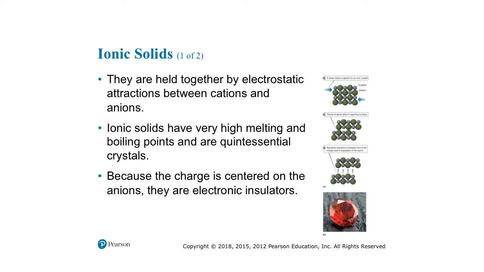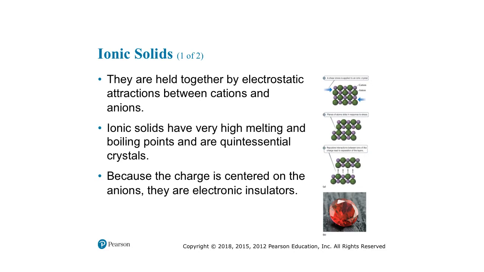So moving into ionic solids, they're held together by electrostatic attractions of the cations and anions. Of course, they have high melting points and boiling points, and these are certainly crystals, like salt looks like a crystal. They behave as insulators in the sense that a salt is not conducting charge. It's really hard to rip an electron off an atom and have all the electrons flow towards it.